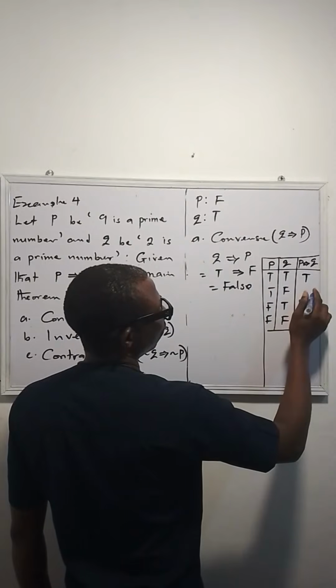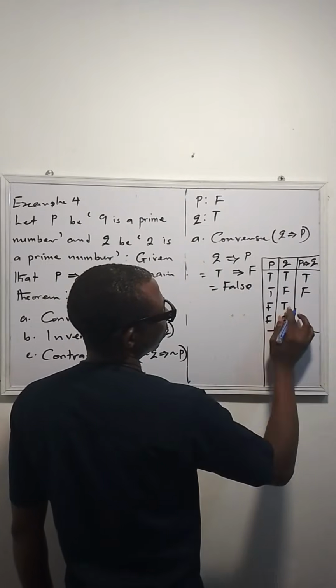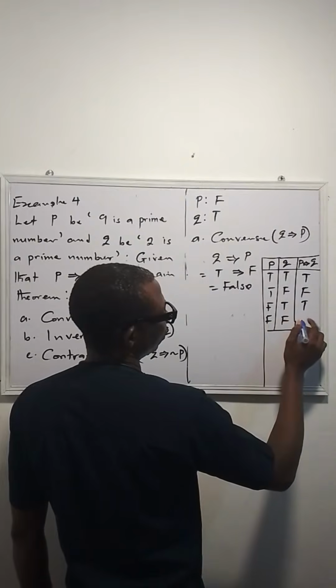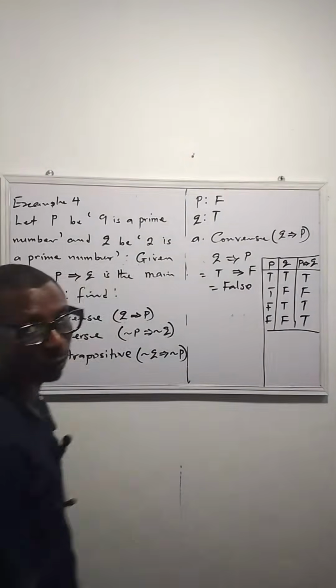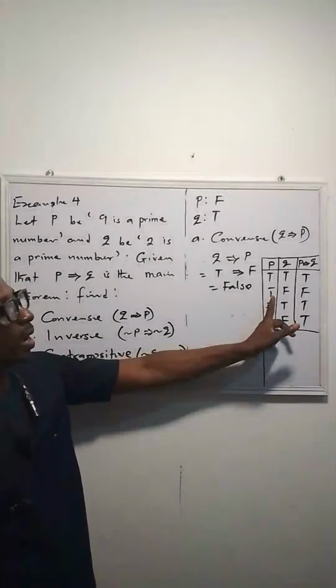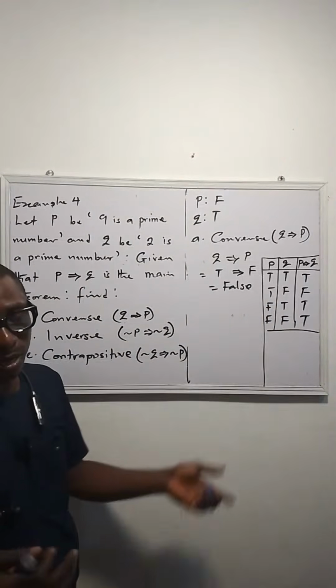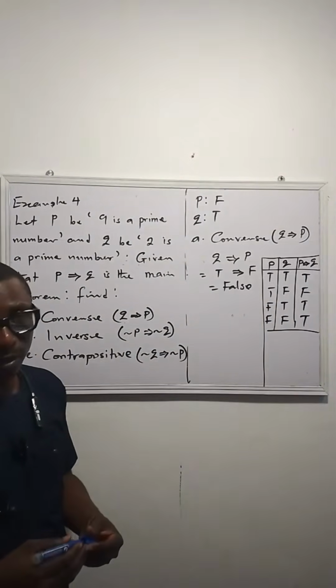True implies false is false. False implies true is true. False implies false is true. So we will have false only when you have true implies false. You just need to master this, and that's all.